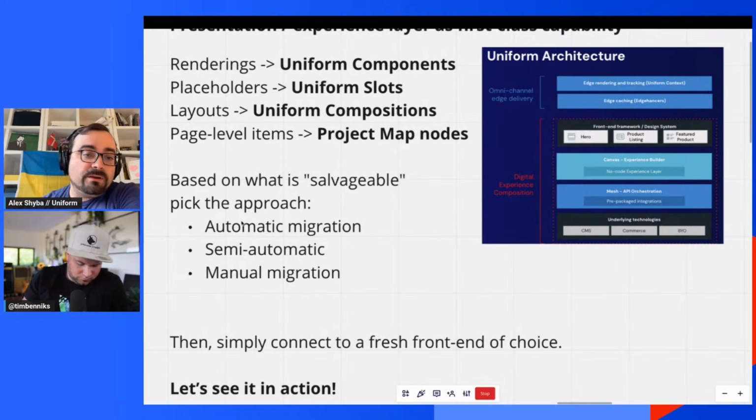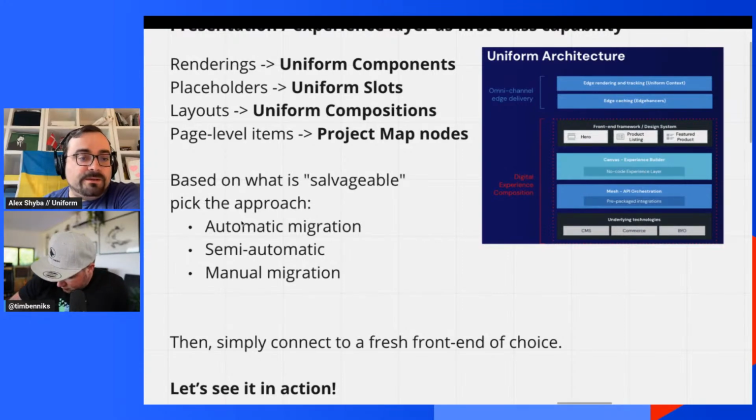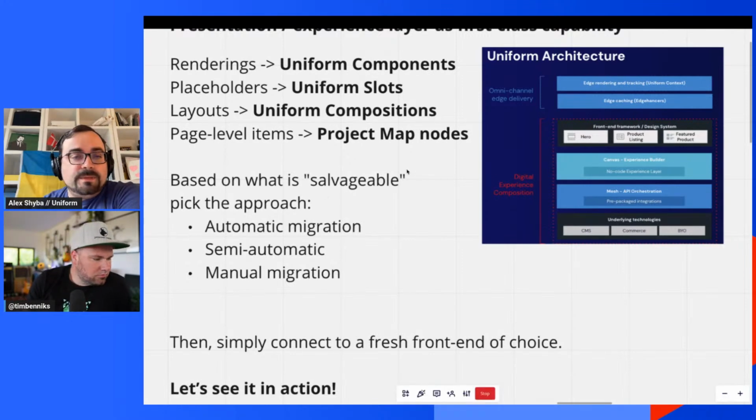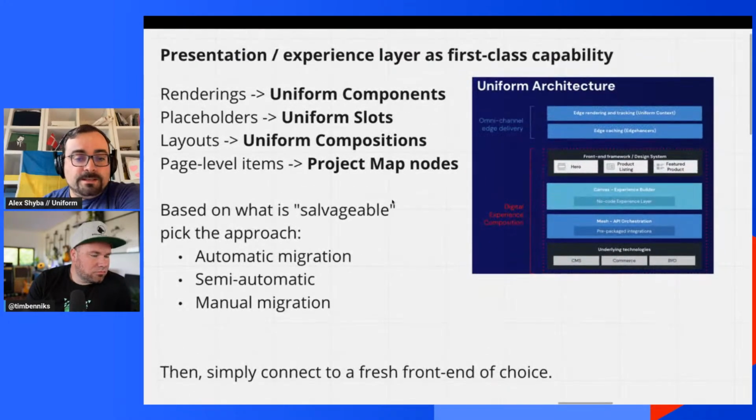There is an automated migration approach, a semi-automated one where you can cherry pick what you actually want to salvage and transfer over, and a completely manual one, where you can recreate the components and presentation definitions to power your pages.